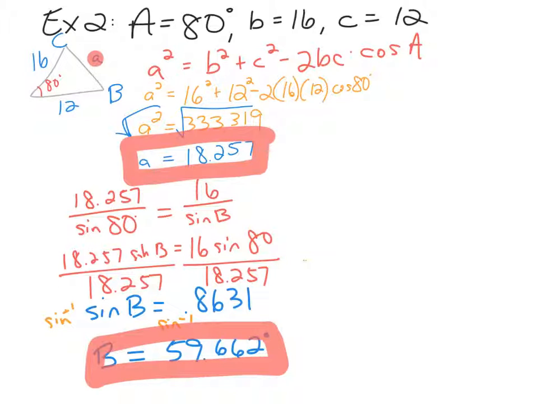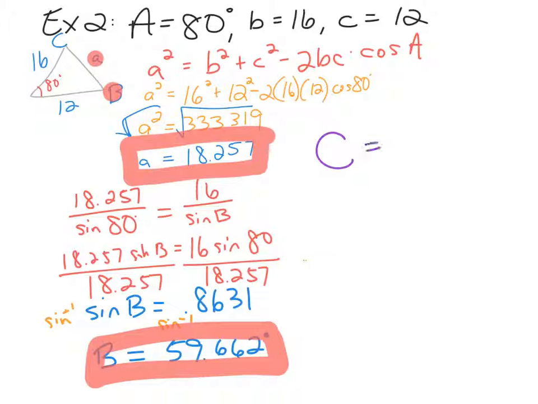And then we just need one more item, and that is going to be angle C. So we've taken care of this one. That leaves us with angle C as the last one we need to find. And the last angle is always the easiest, because we can just do 180 degrees minus the two angles that we already know.